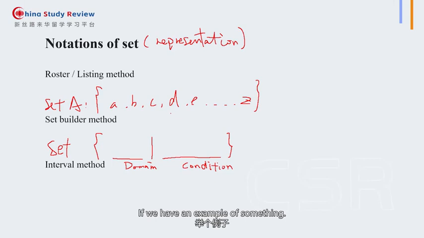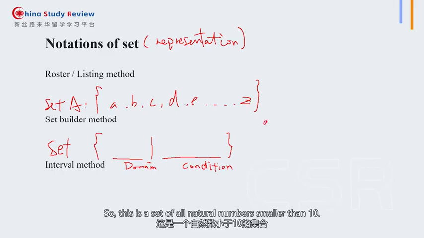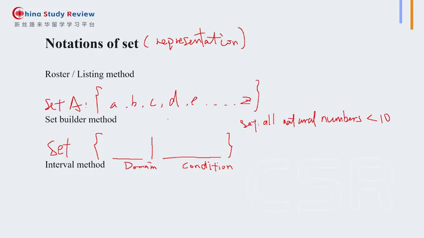Let's take an example: create a set that includes all the natural numbers smaller than 10. So this is a set of all natural numbers smaller than 10. Let's see what the domain of x is.